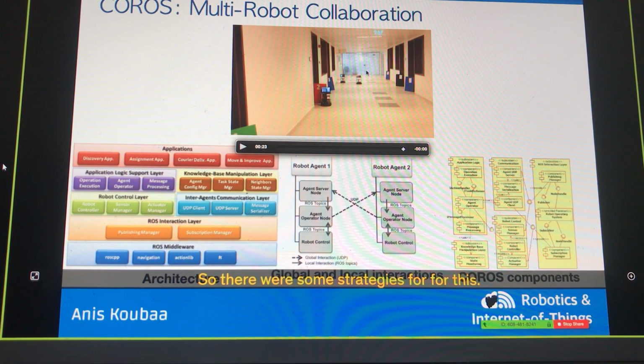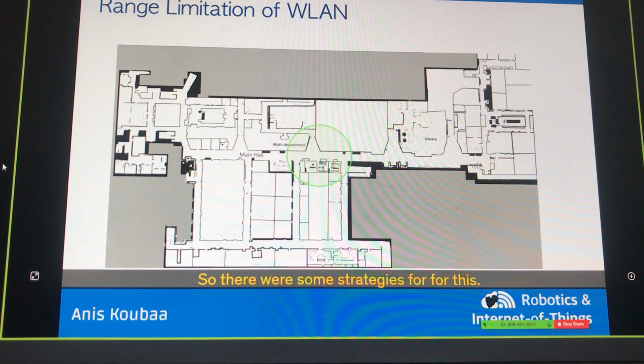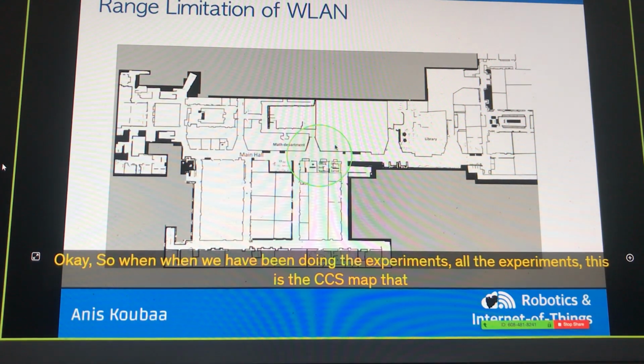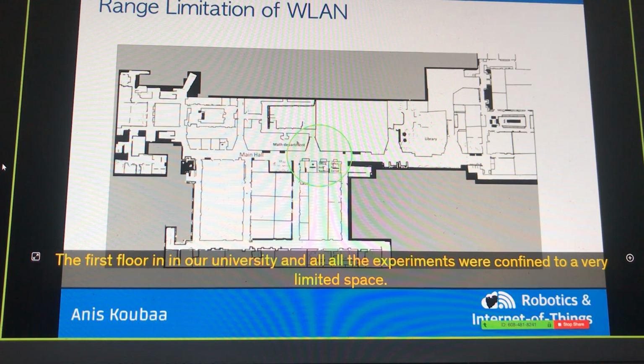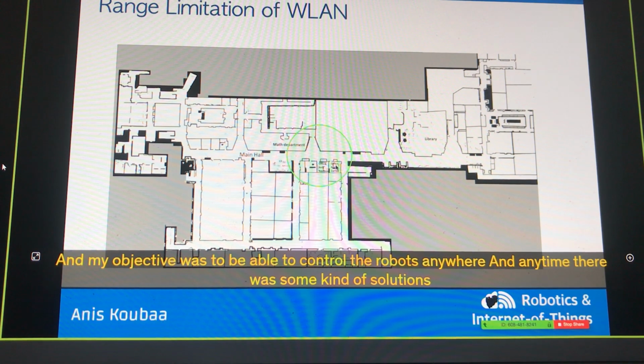So there were some strategies for this. Okay, so when we were doing the experiments, this is the CCIS map that we built using a robot, the first floor in our university, and all the experiments were confined to a very limited space. And my objective was to be able to control the robots anywhere and anytime.